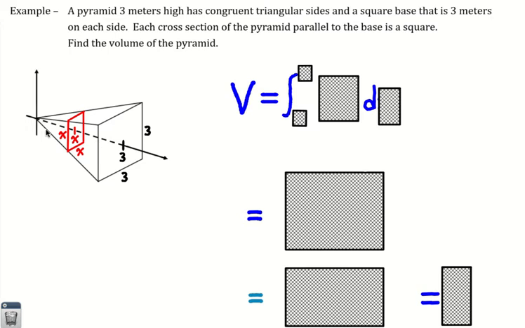And it looks like it's going to be change in x as we go from square, square, square, cross-section, cross-section. So it's dx, which makes sense because we're integrating from your tiniest square, your first square, all the way to the base. And so that's going to be from 0 to 3.